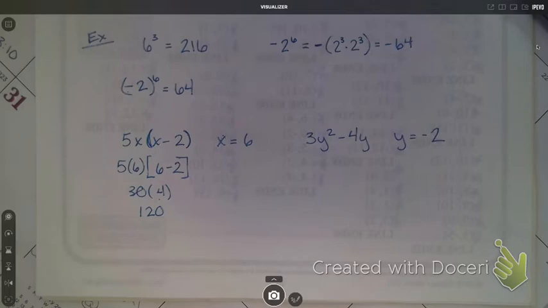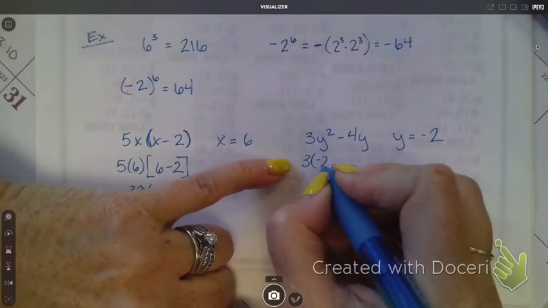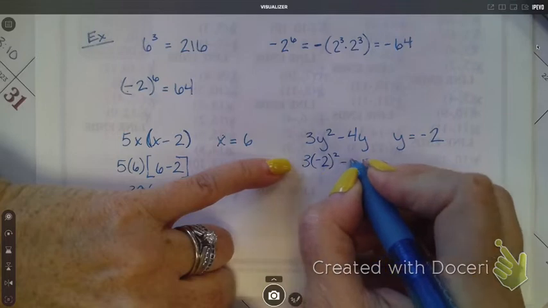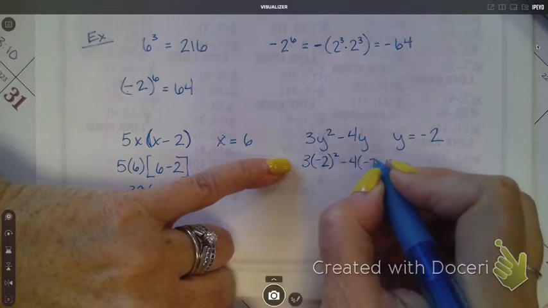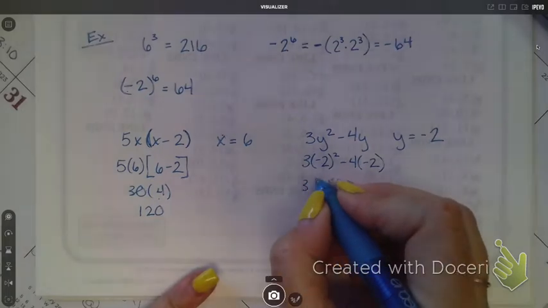Can I start it? Have you guys started? It's 36 minus 8.